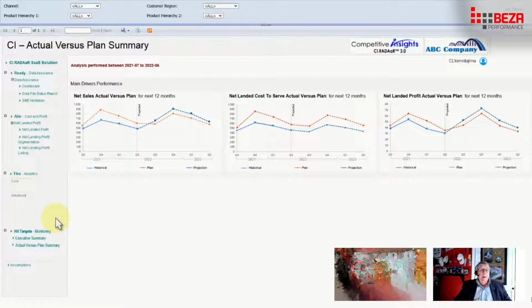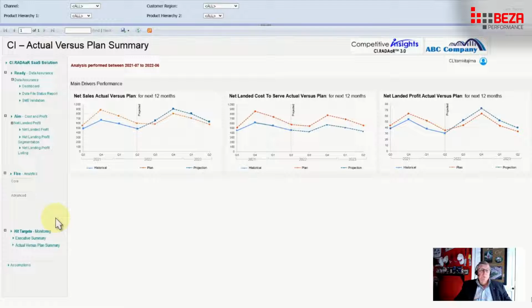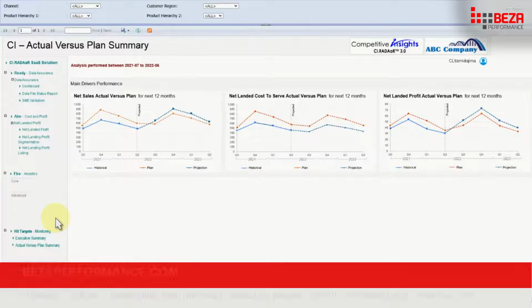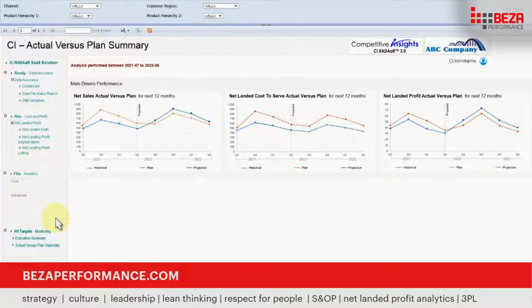So we have the first one, net sales versus actual. You can see that the actual historical is to the left side of that graph, and the blue is actually the plan, and on the right, I'm sorry, the red is the plan, the blue is the actual performance.